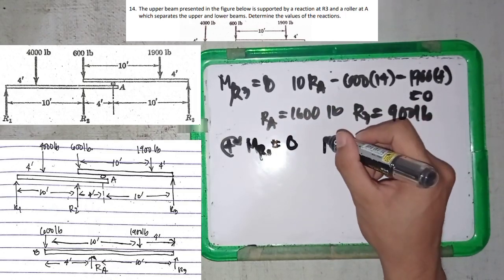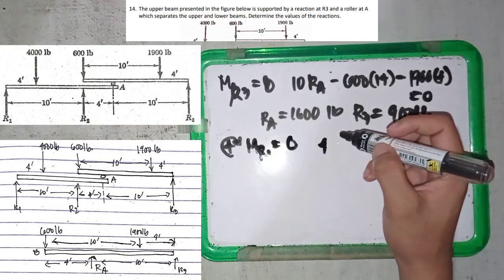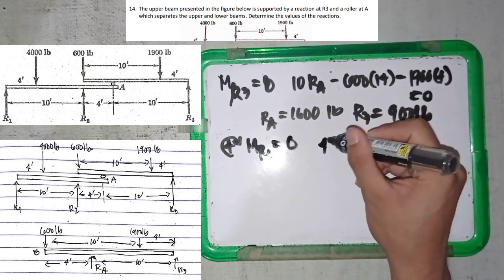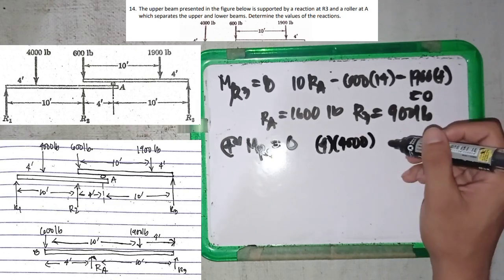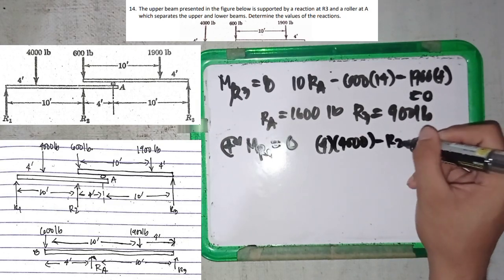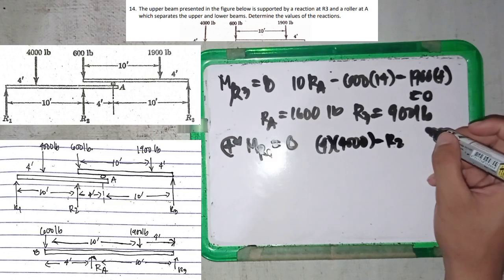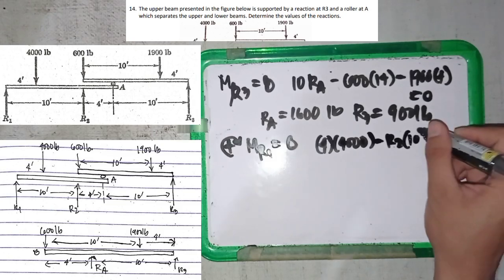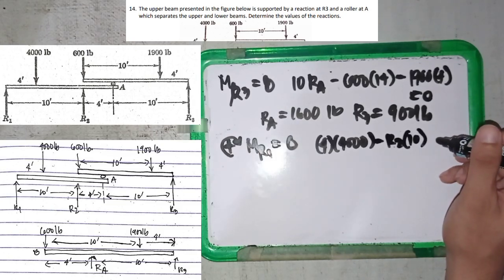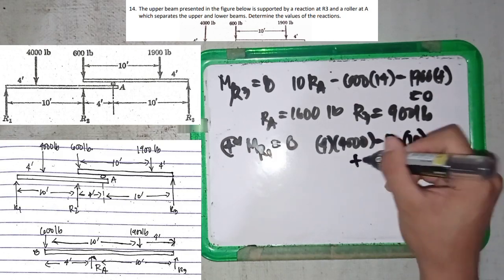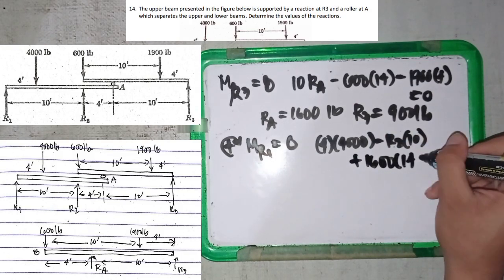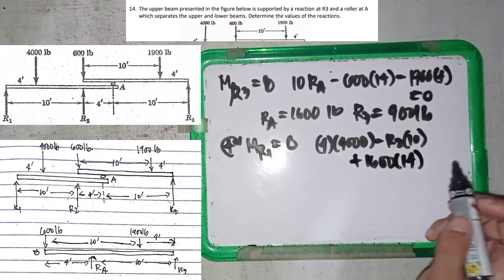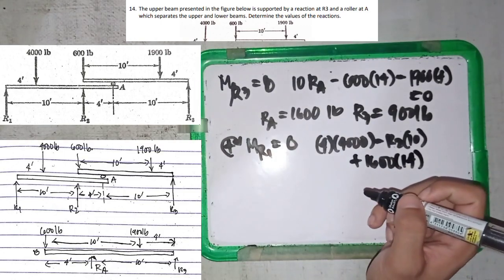So what we have here is 4 meters to its right: 4 meters times 4,000 pounds, minus R2, which is 10 feet from our point, plus 1600 times 14 feet, which is the reaction RA.